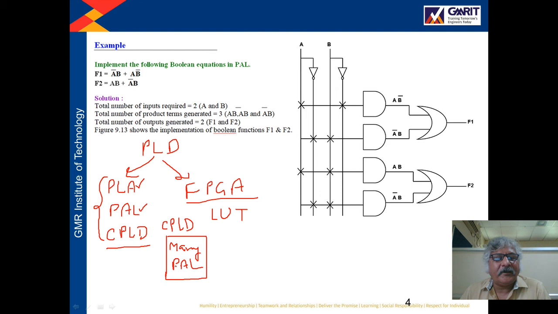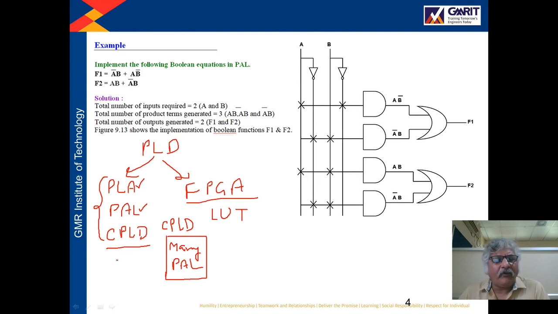So complexity is more since there are many PALs, and due to the many PALs it is called a complex PLD, complex programmable logic device. But there is basically no difference between CPLD and the PAL-type structure, because in CPLD also we have PAL where the AND plane is programmable and the OR plane is fixed, but the number of PAL-type structures is more.